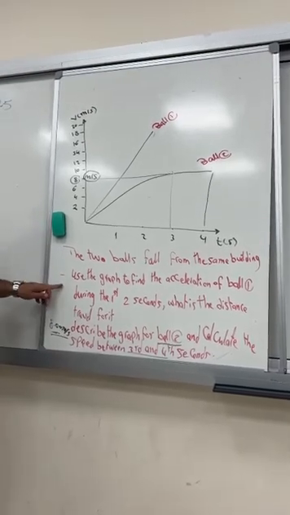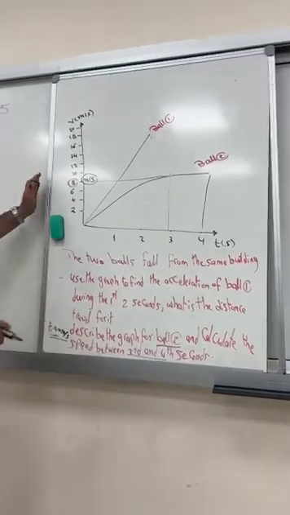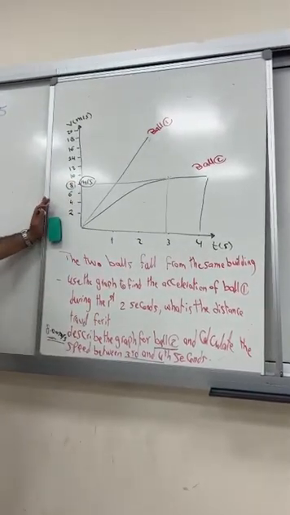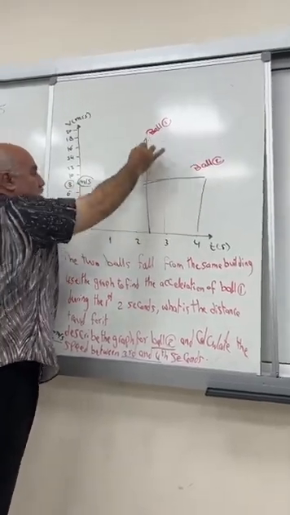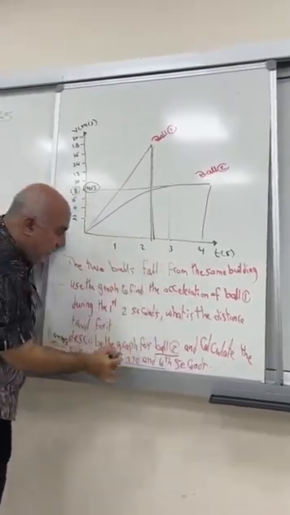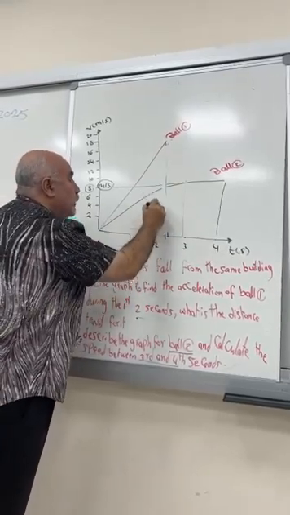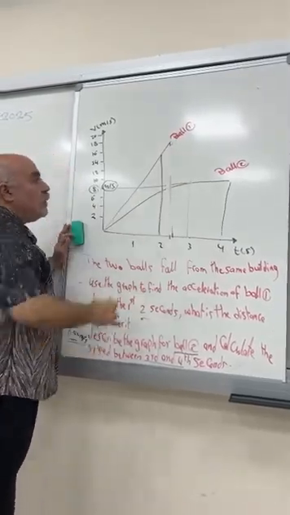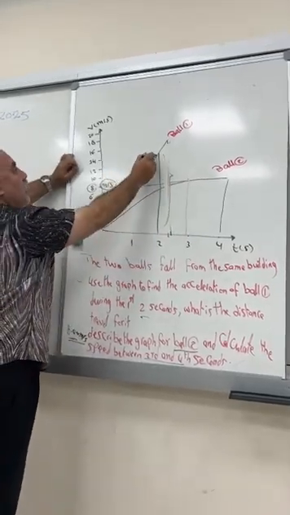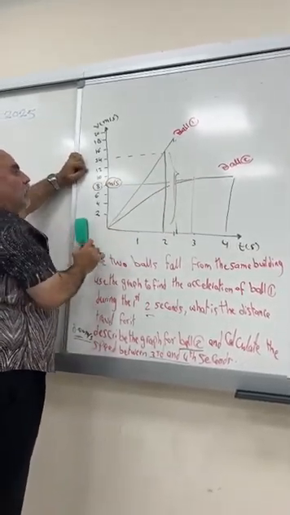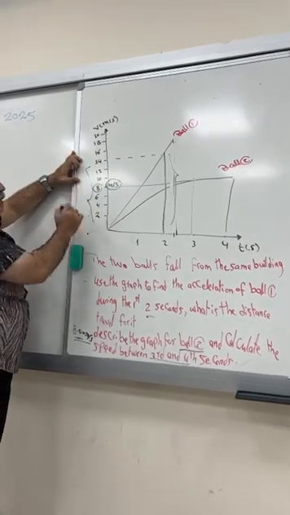The first part says use this graph to find the acceleration. To find any acceleration, we can take the interval until the second. So use the ruler also and make vertical lines. The difference between them, if you check here, is 14. So the difference here in delta v is 14.